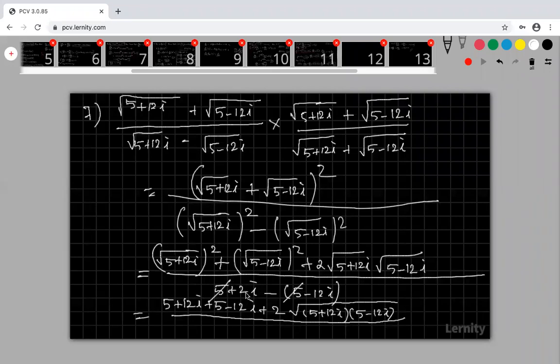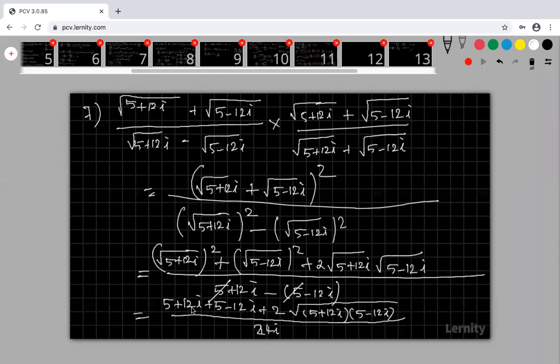So therefore, I will get 12i minus of minus plus 12i, that is totally 24i. I'm adding 12i plus 12i, that is 24i. Right. Now simplify. What is the answer you are getting? Yes, 12 plus 12, 24, 24i.